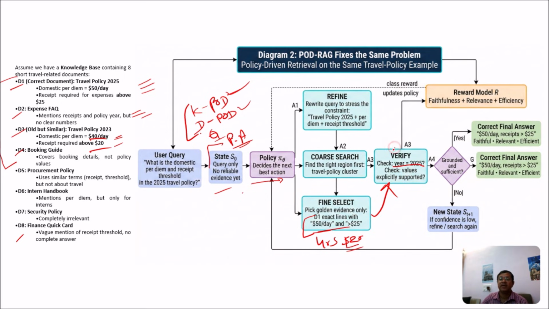Then it will say, okay, refine it. The refinement process will rewrite the query as travel policy 2025, so that we can give more emphasis to 2025, so that the system will search exactly the right documents.